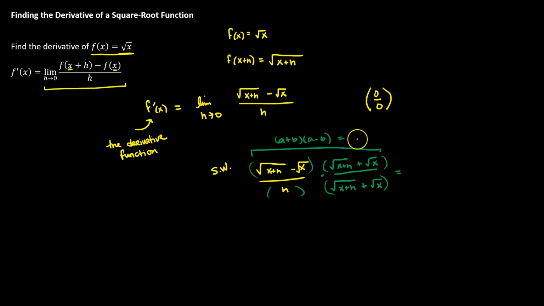So I know that I can just write this as first term squared minus second term squared. So that would look like the square root of x plus h, squared, but we know that the square root and the square cancel off, so that would just be x plus h, and then minus the square root of x squared, but again the square root and the square cancel each other out, so our numerator looks like x plus h minus x.